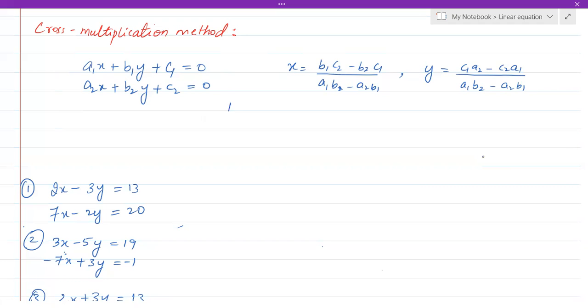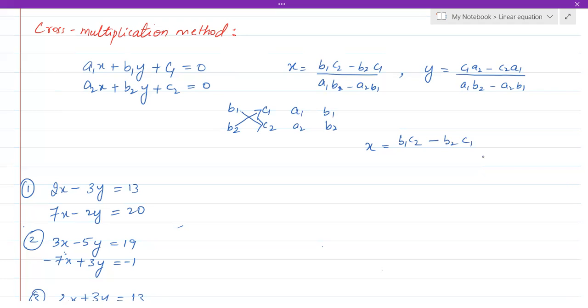That is like this: start with b1 b2 c1 c2 a1 a2, again end with b1 b2. Remember, to write the formula of x, just cross multiply b1 and c2. Start from here, b1 c2 with a negative sign minus b2 c1.